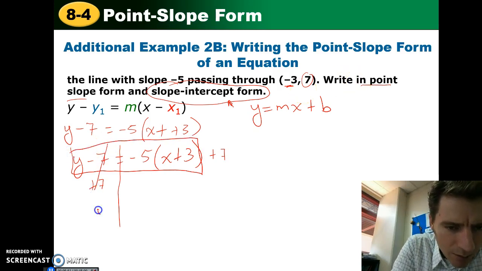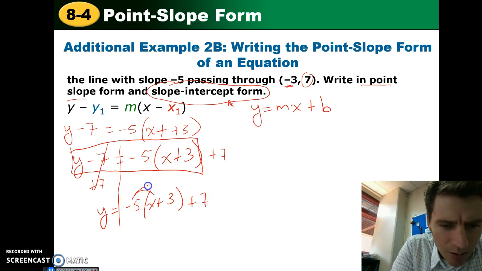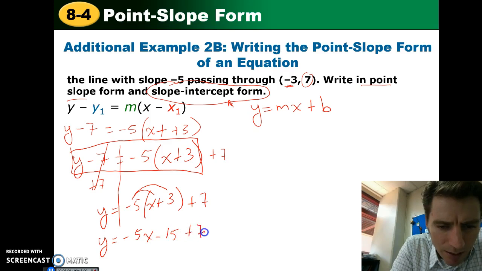Because those cancel, I'm left with y equals -5(x plus 3) plus 7. Now what I need to do is distribute. Use that wonderful property that we love. And I get y equals -5x minus 15 plus 7. I get to combine these like terms, -15 and +7.